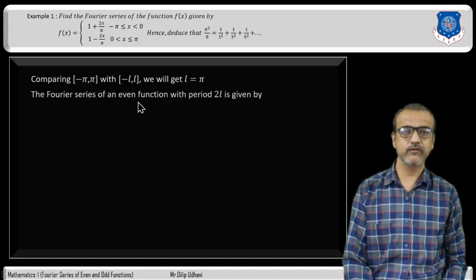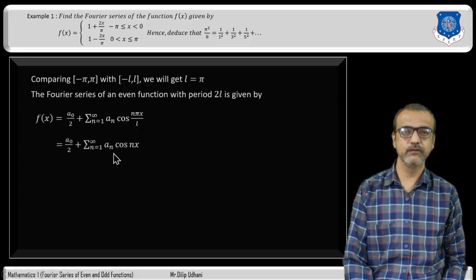The Fourier series of an even function with period 2L is given by f of x equals a0 by 2 plus sigma n from 1 to infinity an cos n pi x by L, because the value of bn is 0. Now a0 by 2 will be as it is, plus sigma n from 1 to infinity an, replacing L by pi, so we have cos nx, because pi will cancel out.